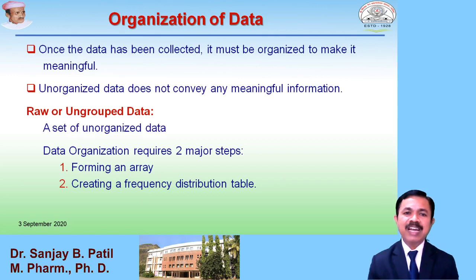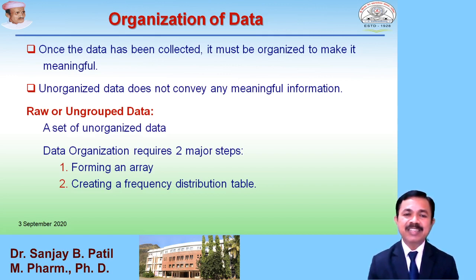Now once the data is collected, how is this collected data organized? That is nothing but organization of data. The data which is collected must be organized in a systematic manner so that we can use such organized data for inferential analysis, where we can draw conclusions and interpretations from the collected data.